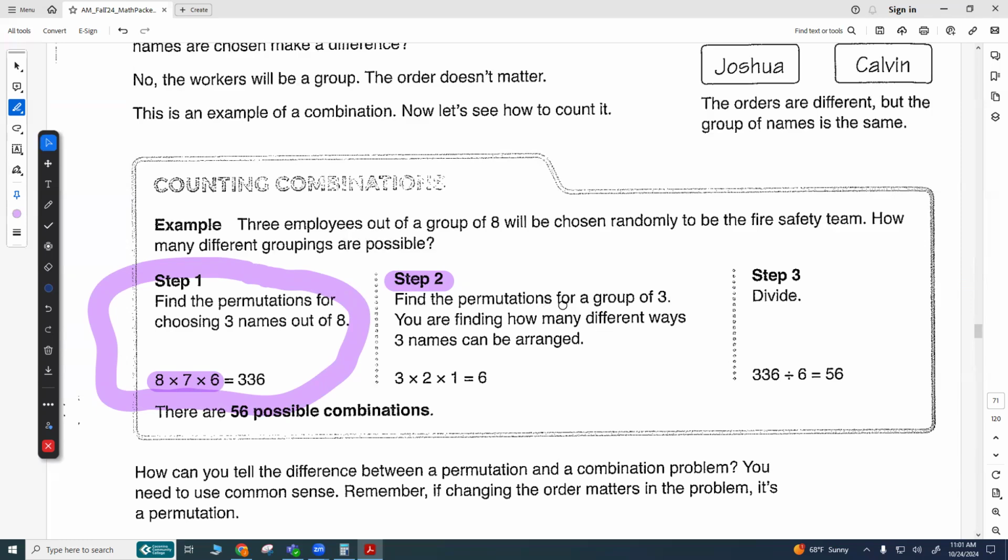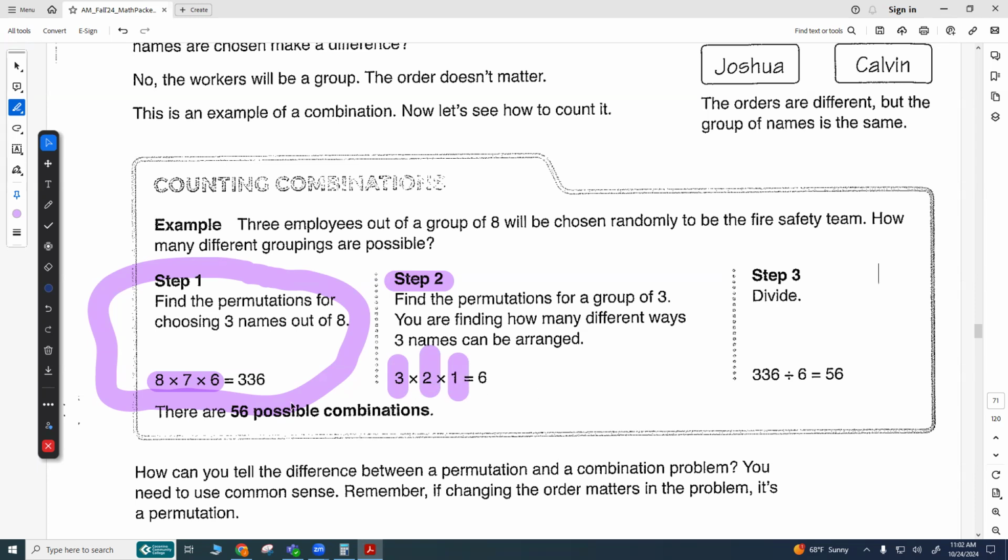Now we have to find the permutations for a group of 3, finding how many different ways 3 names could be arranged. So we have three possibilities, then two possibilities, then one possibility.